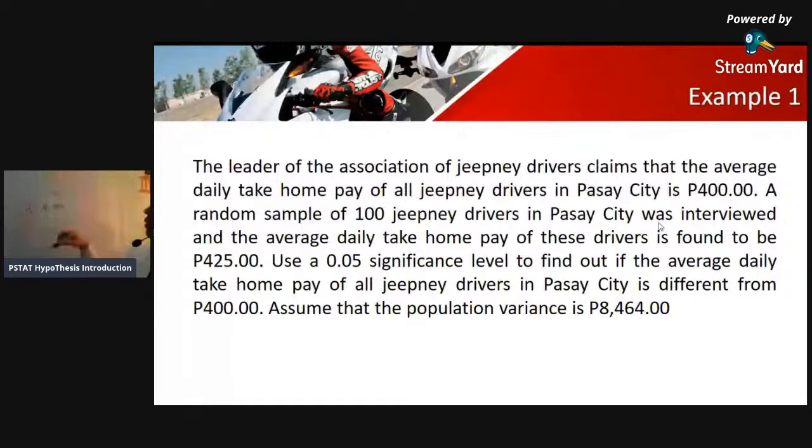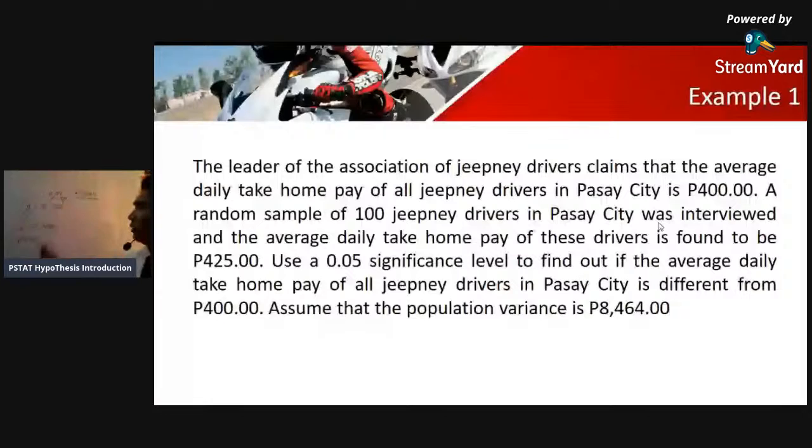The variance is 8,464, so the variance is known, and your n is 100. So we'll be using what test? We're going to use the z-test because n is greater than 30, which is 100.